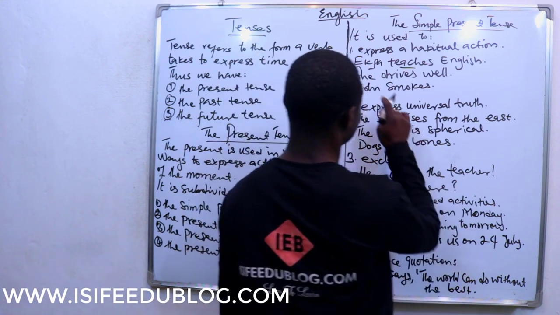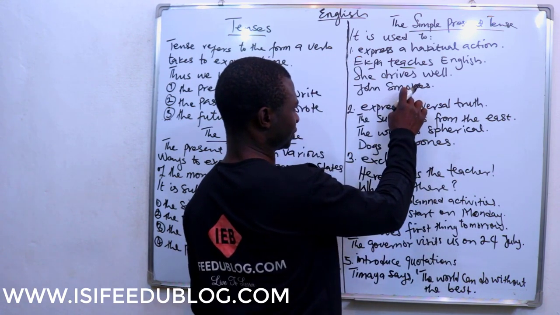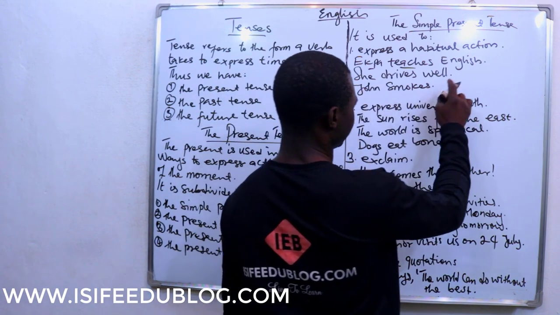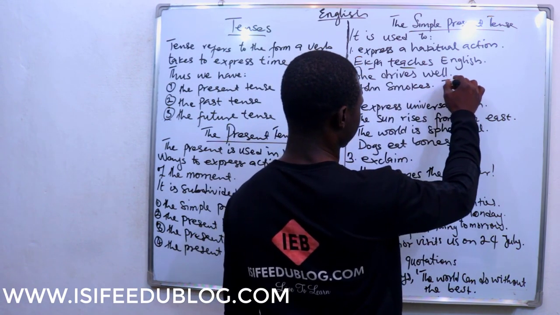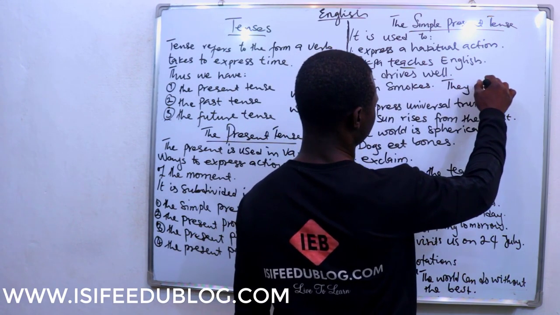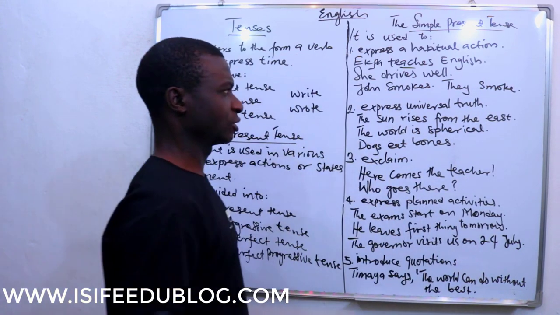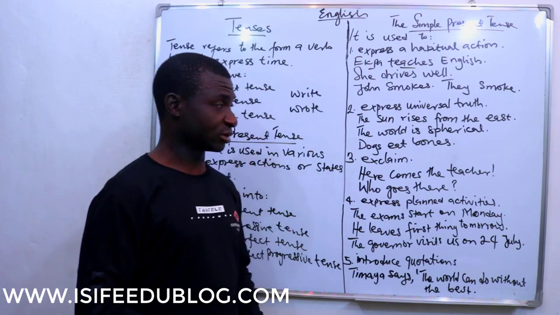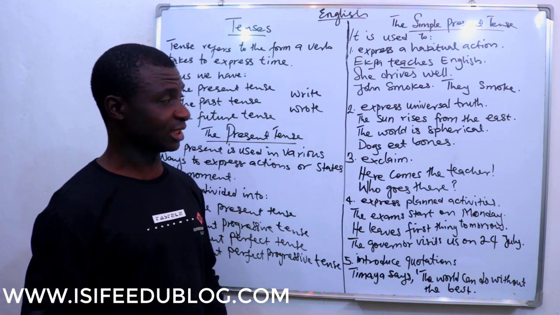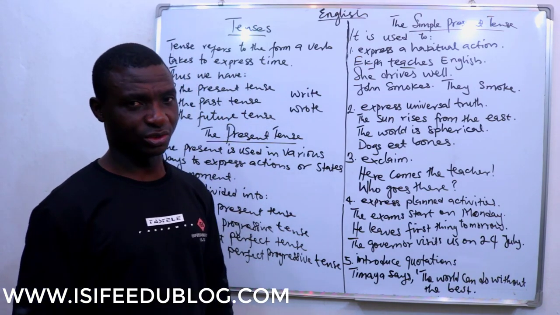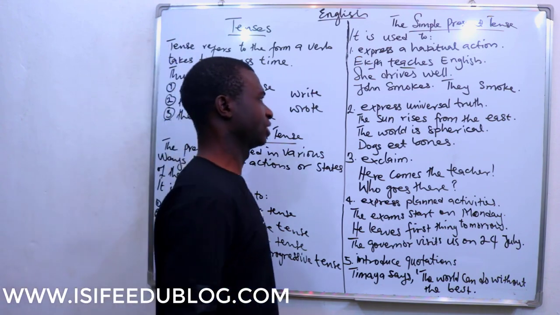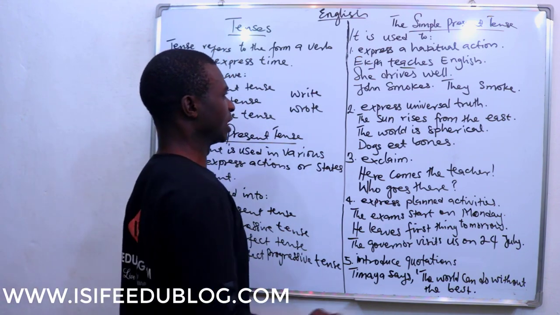What I mean is, John smokes, for instance. John is one person, but if I make it two, it will become they smoke. Of course, go to our lessons on Concord. You will get the gist in full. So, she drives well.